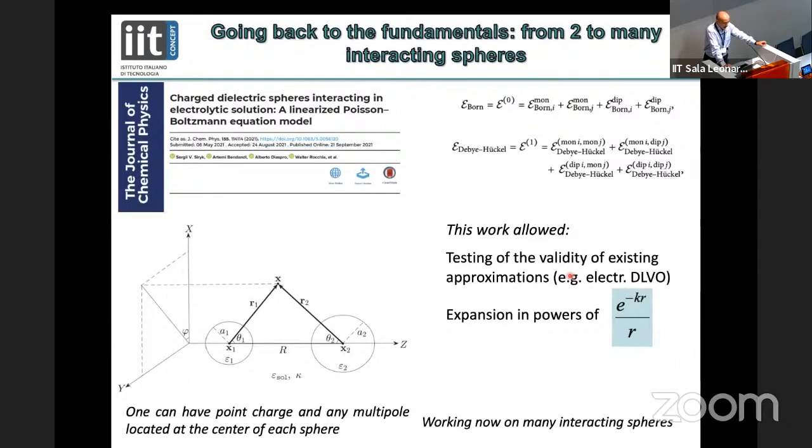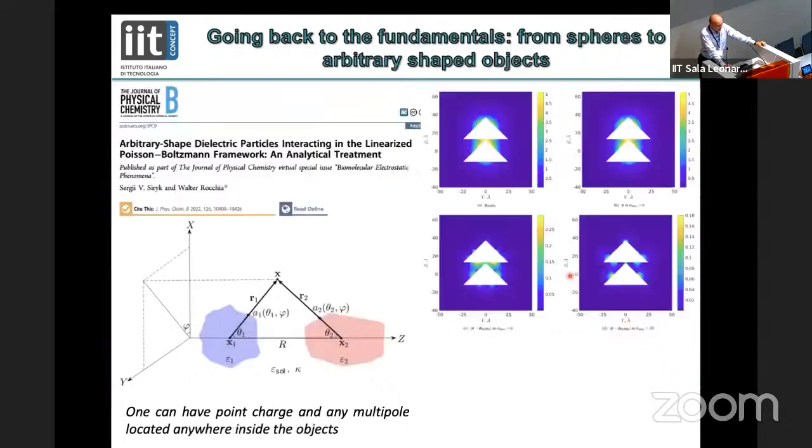Now Sergi is about to prepare the counterpart when you have many spheres, not just two, to allow a good estimate of the potential and the energy, and you can analytically separate, for example, the ionic contribution from the polarization contribution from the Coulombic contribution in a very neat way.